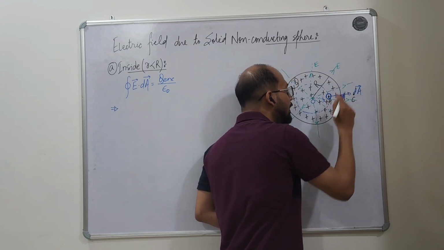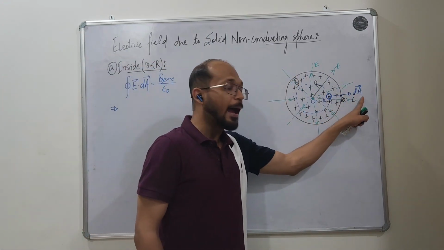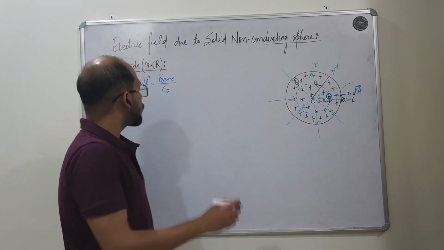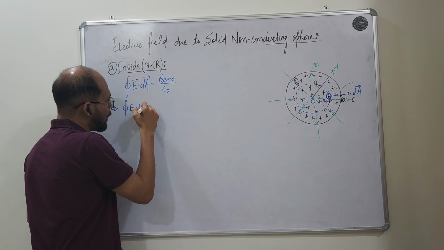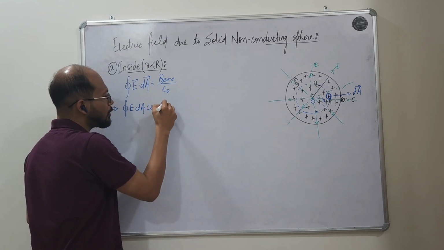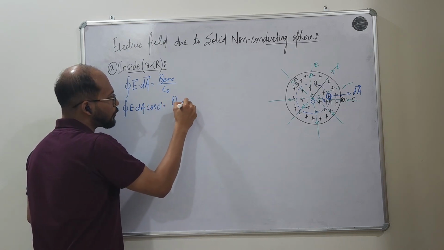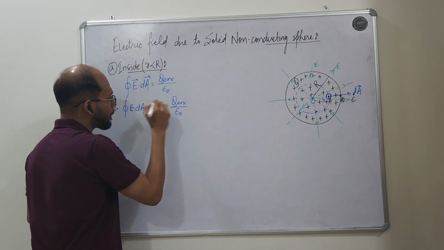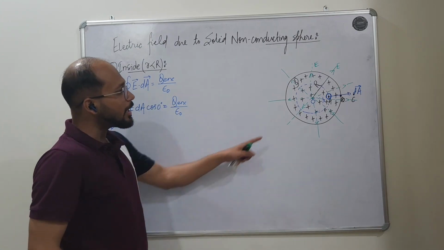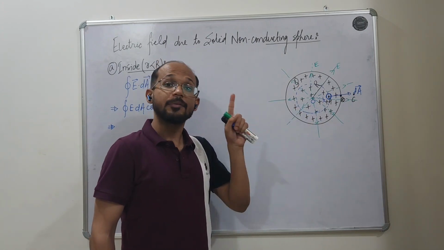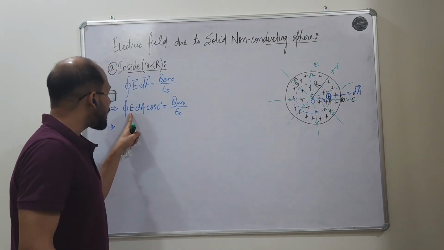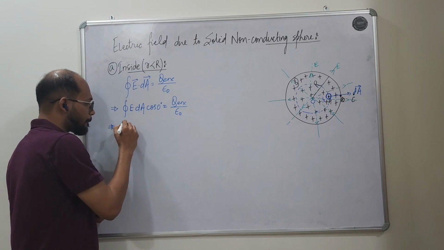That means the angle between the electric field and the dA vector will be 0 degree. So we can write it as integral of E dA cos 0, and cos 0 will be 1, equal to Q enclosed divided by epsilon naught. Now each and every point on this Gaussian surface is at a distance r from the center. That means the electric field is constant, so we can take it out of the integration sign.